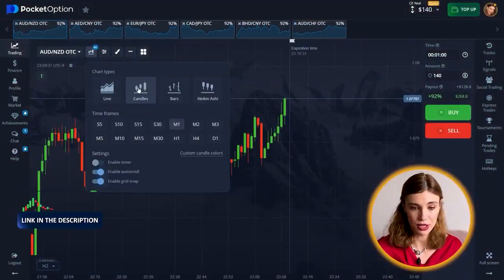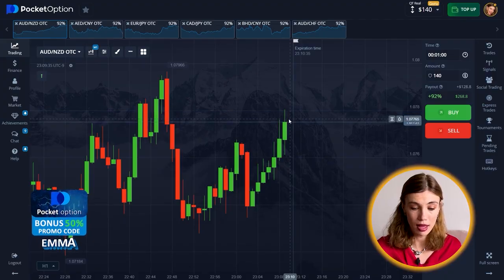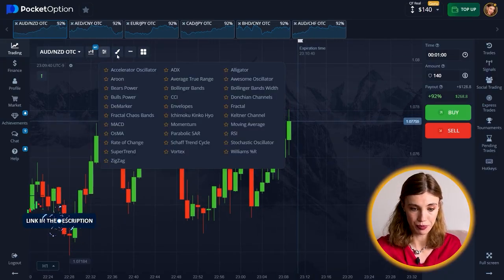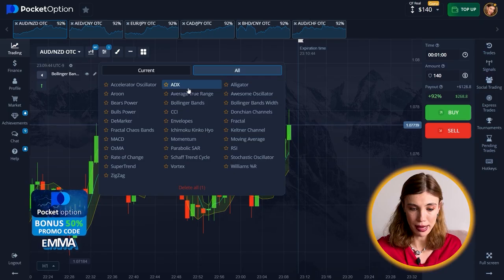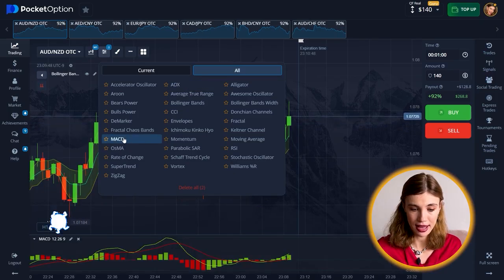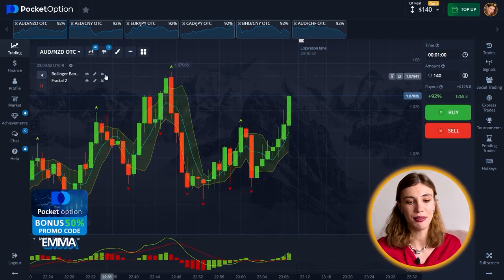Okay, first things first, candles and M1 for the time frame. And let's see. Bollinger Bands, MACD, and last but not least, Fractal. Here we go.